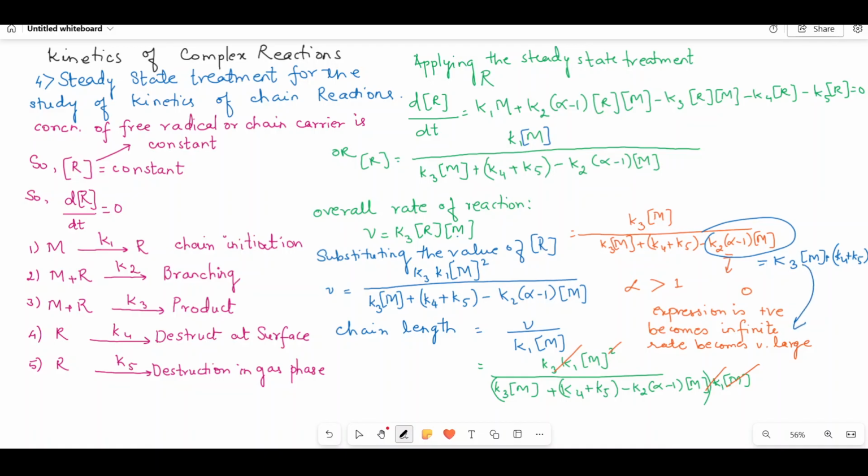And this condition of explosion limit is reached. At such a condition, it can explode.